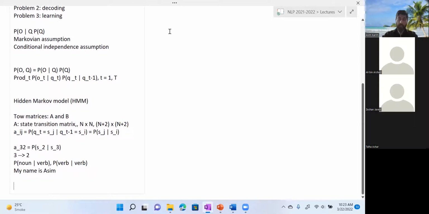So that was the first matrix. The second matrix is matrix B. Matrix B is of size V times N, and it is called the emission matrix.